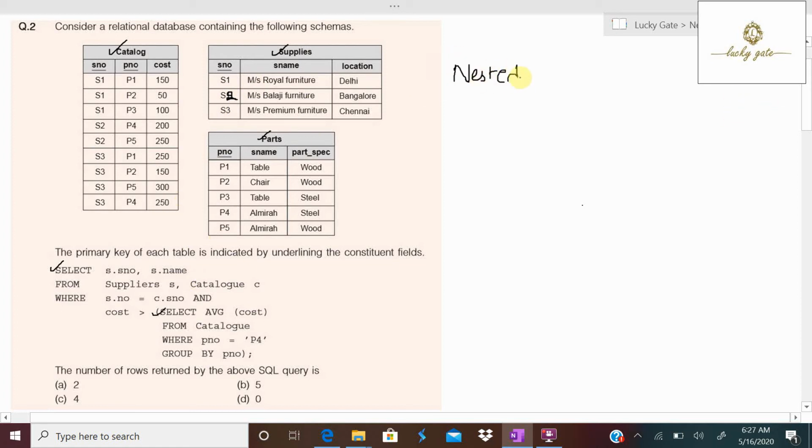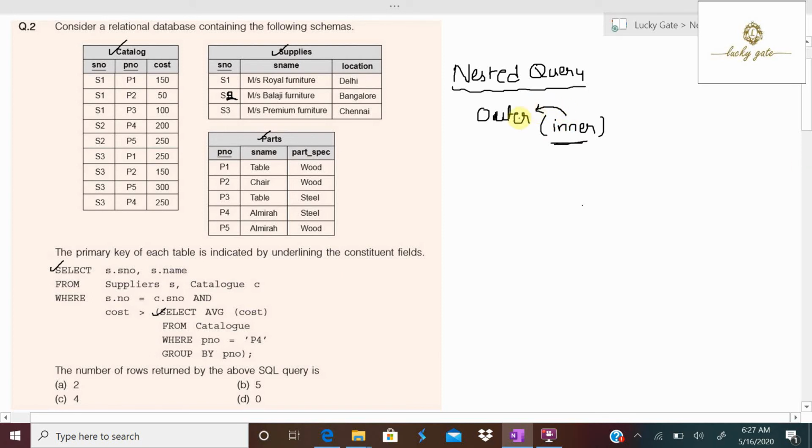What is a nested query? A nested query is a query within another query. We have one query in the outer and one in the inner. Always the inner query is executed first, and it is independent of the outer query. After executing the inner query, it gives some output.